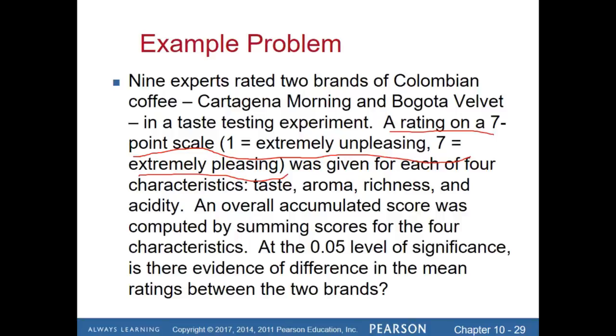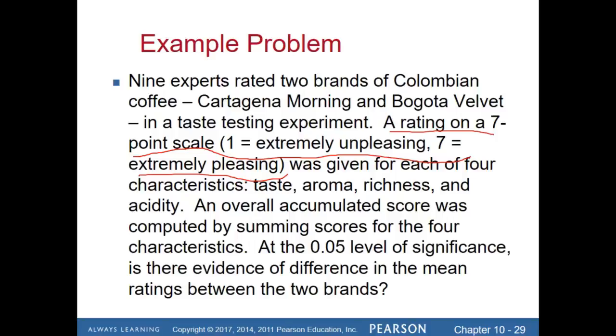You'll probably recognize that as something that we talked about with data types and scale types at the beginning of the semester. So a scale of extremely unpleasing to extremely pleasing is really, by definition, an ordinal scale, not a numeric type of scale. We're assigning numeric values to it, and in this problem, we're going to treat it as numeric data.